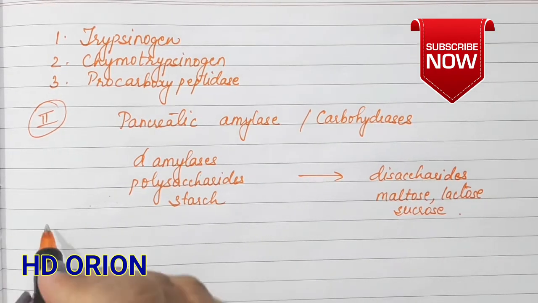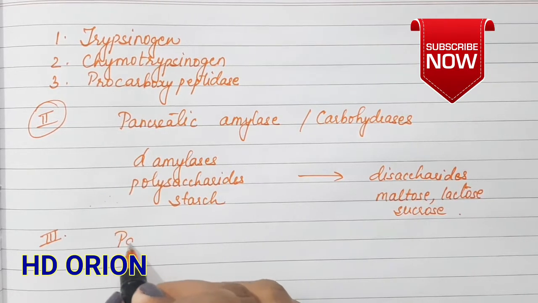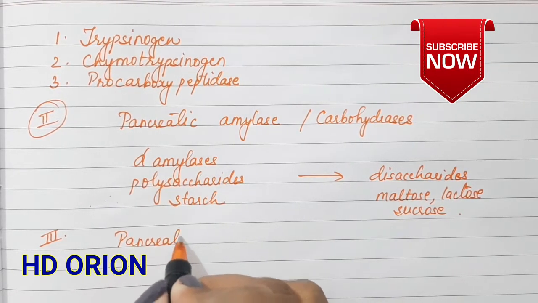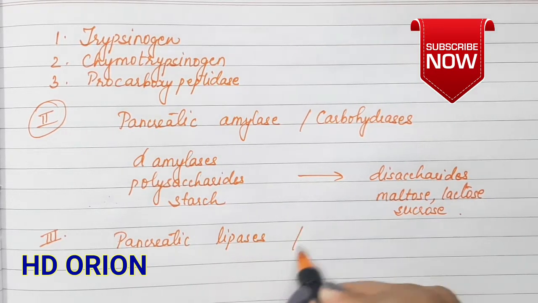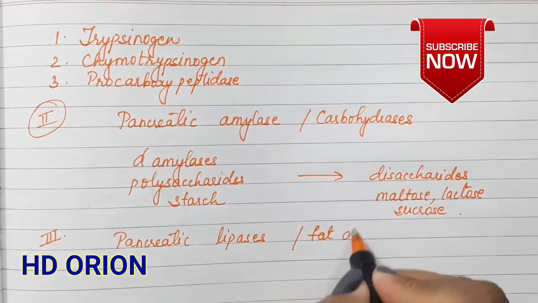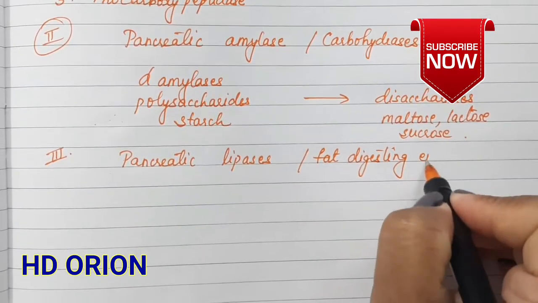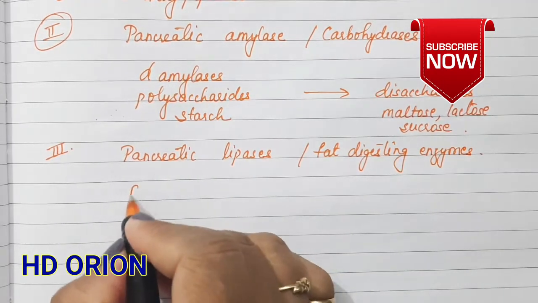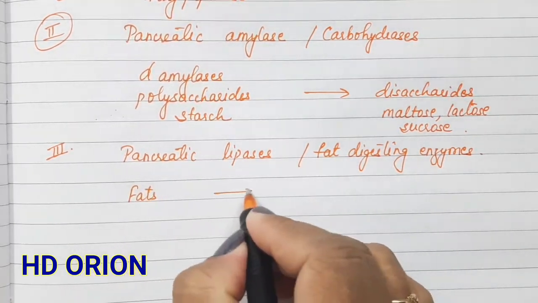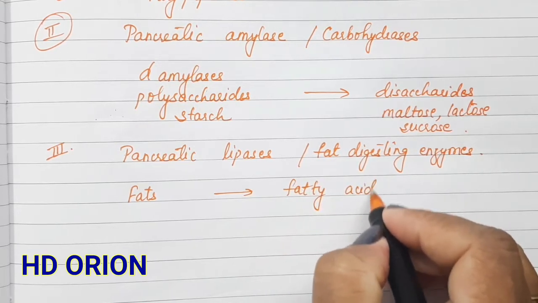Now let us see the third type of enzyme. These are fat digesting enzymes, pancreatic lipases. These are fat digesting enzymes. The lipases act on the fats and break them down into fatty acids and glycerol.